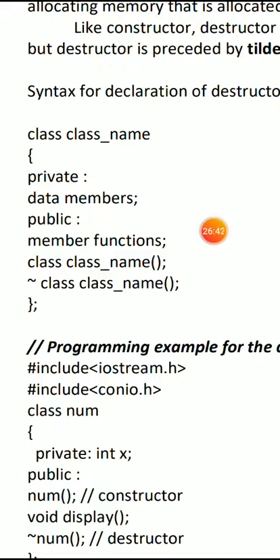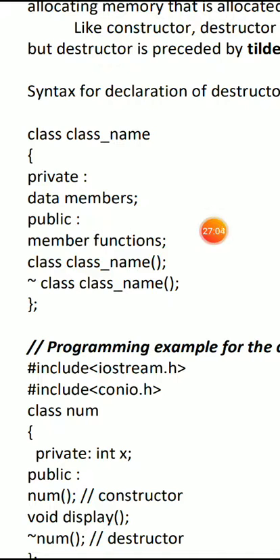Apart from them, we need to define the class name followed by a pair of parentheses. That is called a constructor. Then the destructor is preceded by the tilde sign and the class name. So the class name is nothing but the name of the destructor.